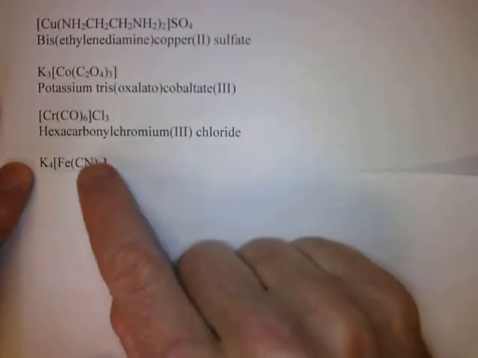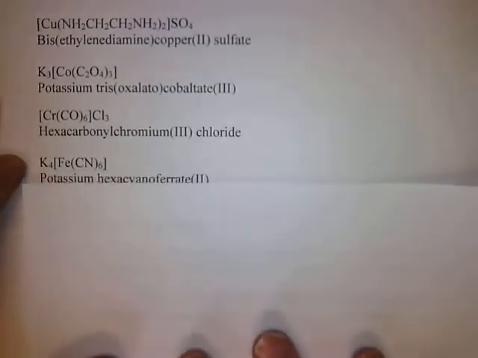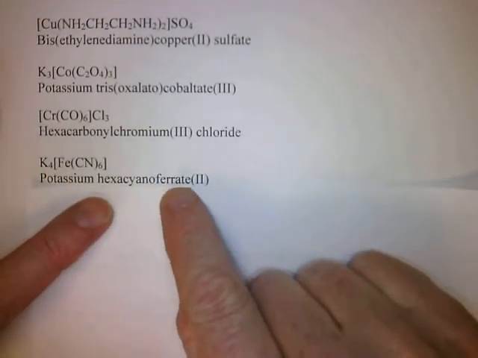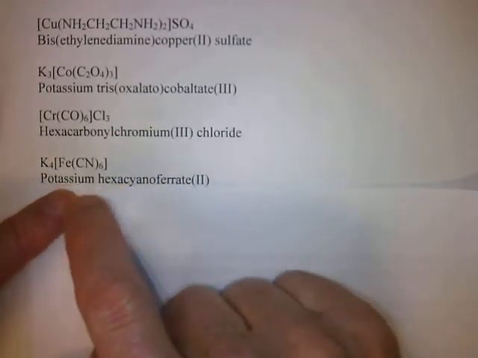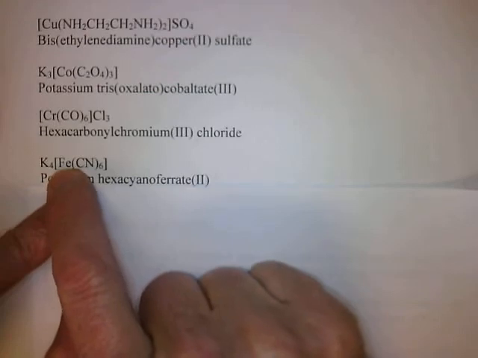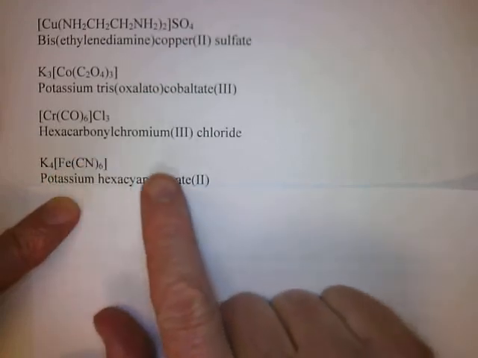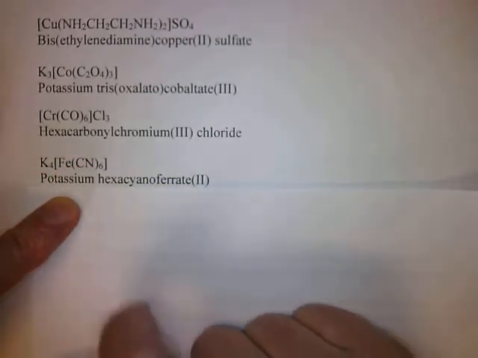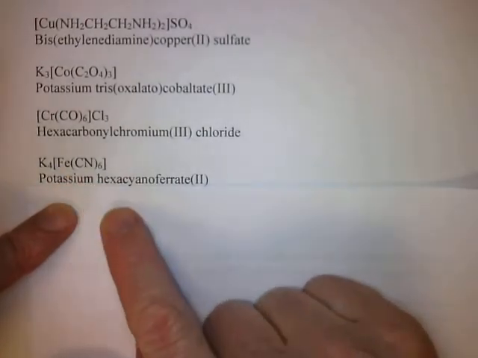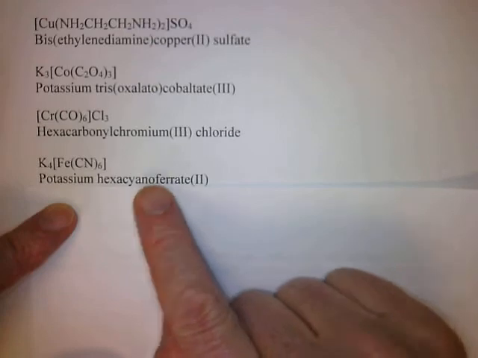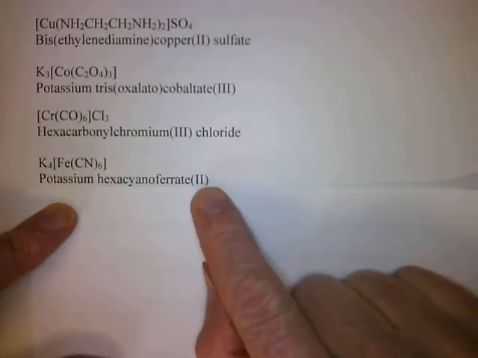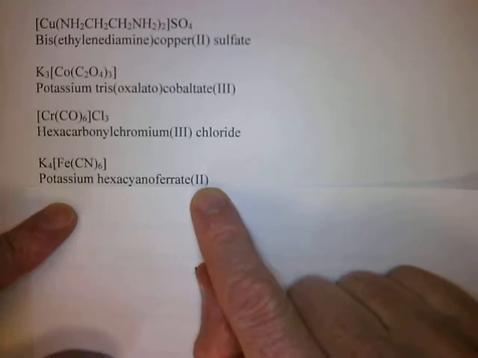Right, so we're going to say hexa, potassium hexacyanoferrate 2. Now notice I had to change the name. This is one of those transition metals that has a special name when you change it, so it becomes ferrate. So potassium hexacyanoferrate 2.